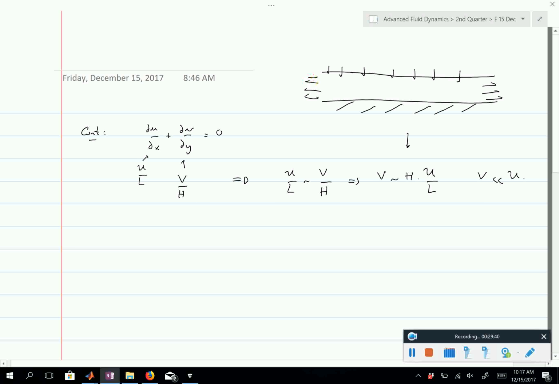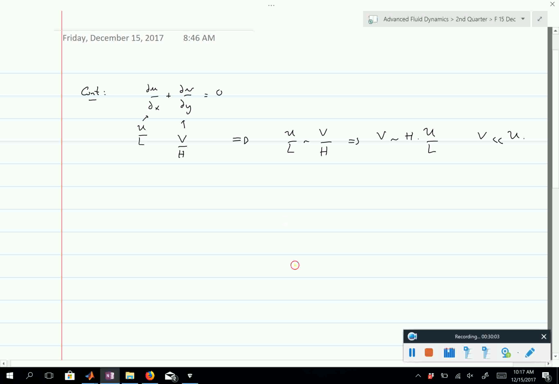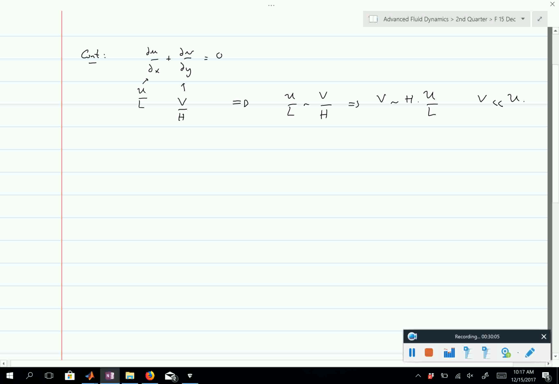So your volumetric flow rate here will be V times L, and that will have to exit through U times H. That's another way of seeing why the two have to scale together. It's mass conservation, so you can also think about control volumes or the integral scale to get a feel for why those quantities have to scale like this.